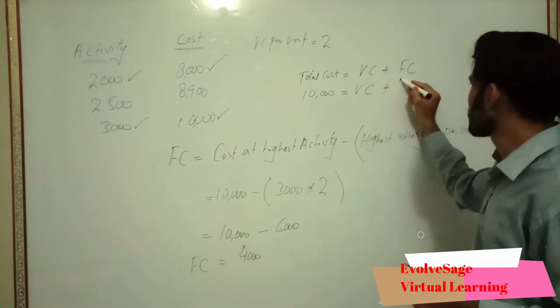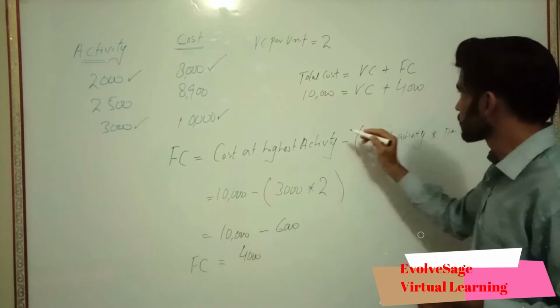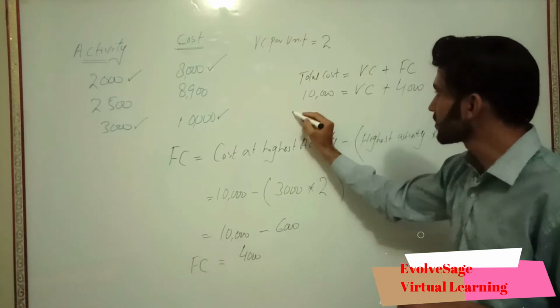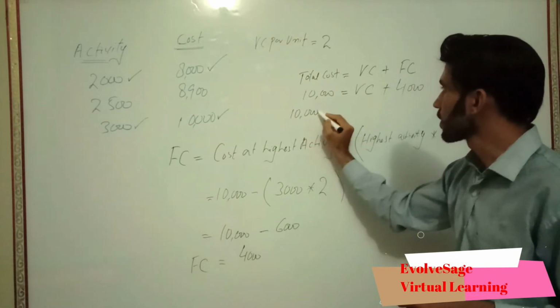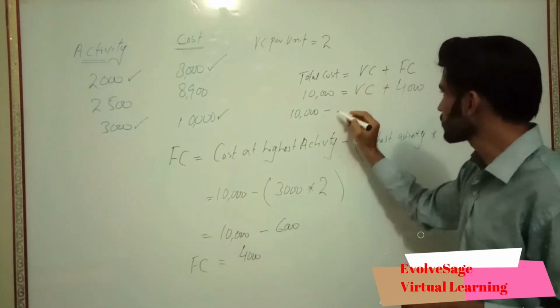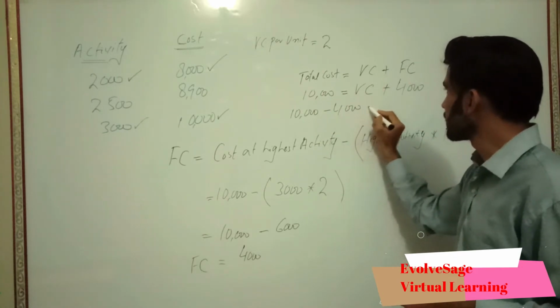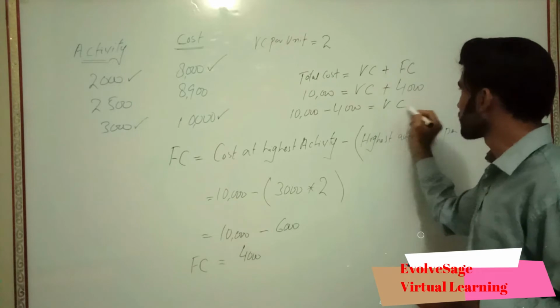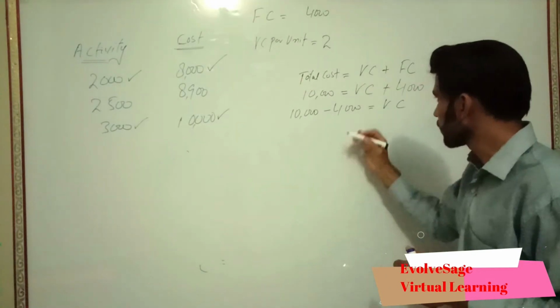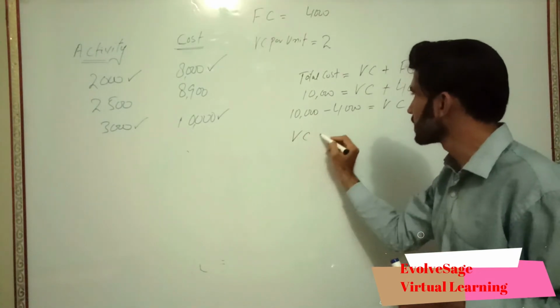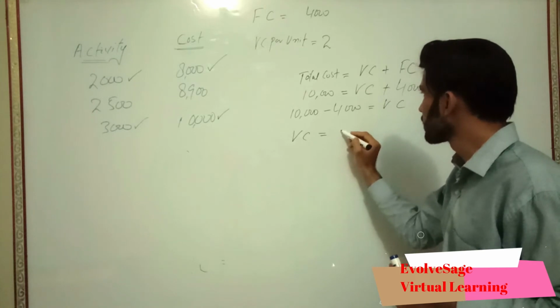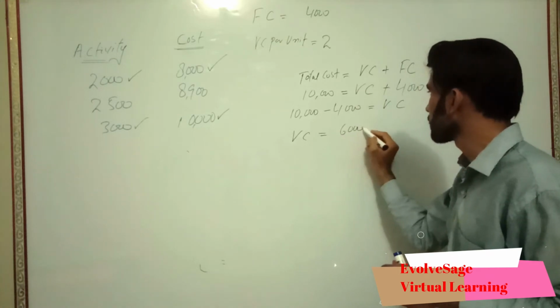Our fixed cost is 4,000, so it is very simple to calculate. It is 10,000, we will deduct this 4,000, equal to variable cost. So our variable cost is equal to 6,000.